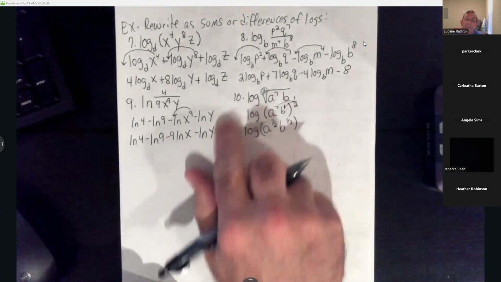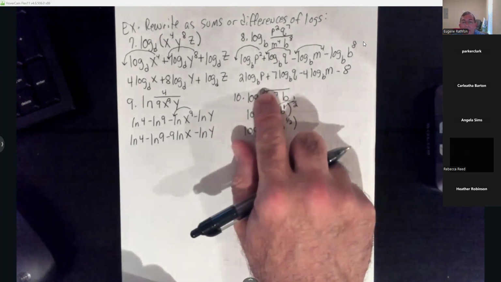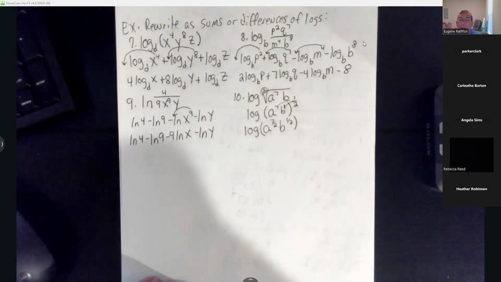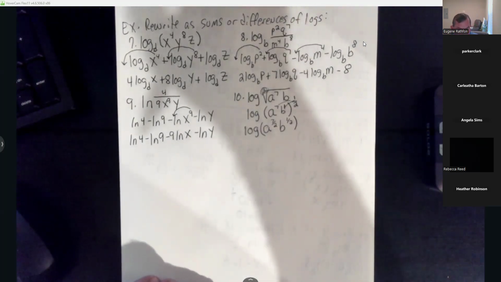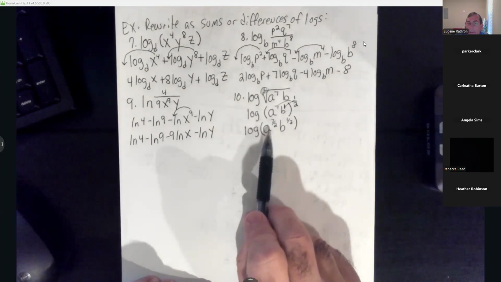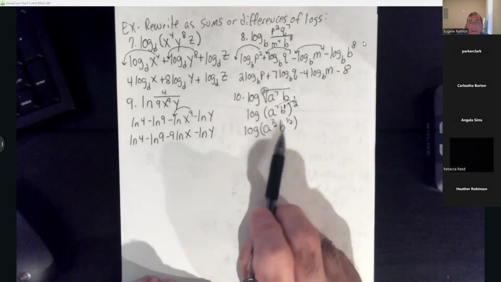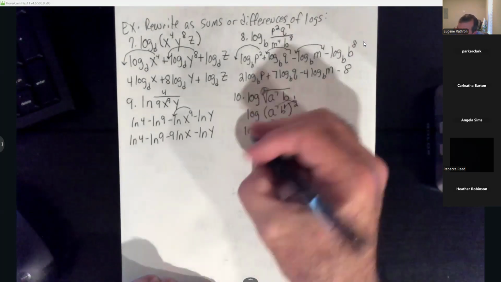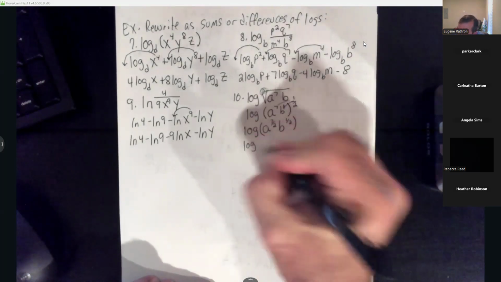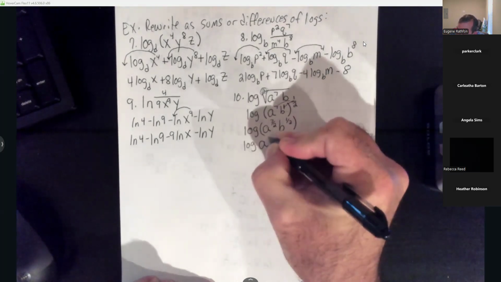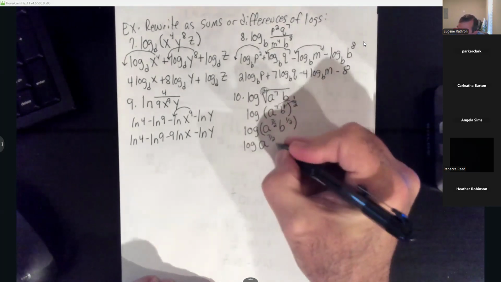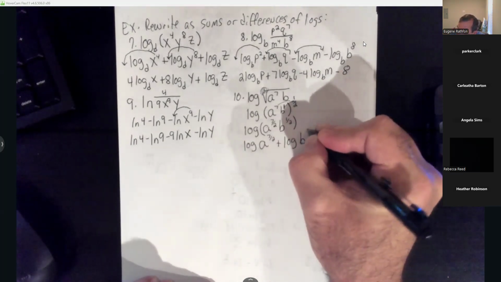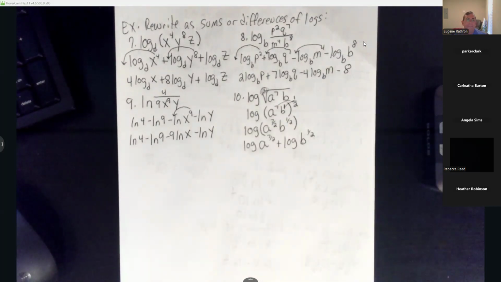So all I've done so far was get rid of the radical and then distribute the exponents in using the power rule for exponents. These things are being multiplied, so we'll rewrite this as a sum. We'll have log of a to the 7/2 plus log of b to the 1/2.